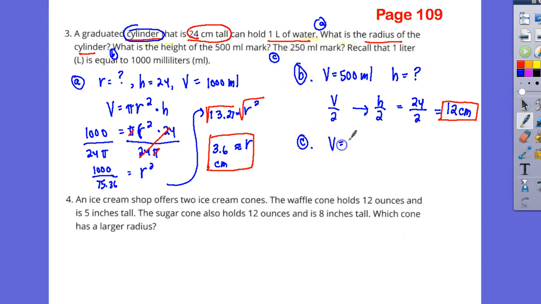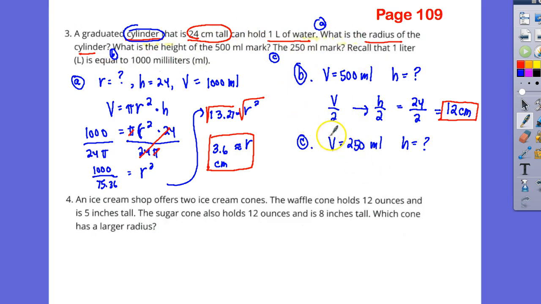Okay, C. The volume now is 250 milliliters. They want to know the height. Again, you don't have to use the formula for the volume to solve for the height. All you have to do is check what scale factor was used on the volume. This used to be 1000. Now it's only 250.